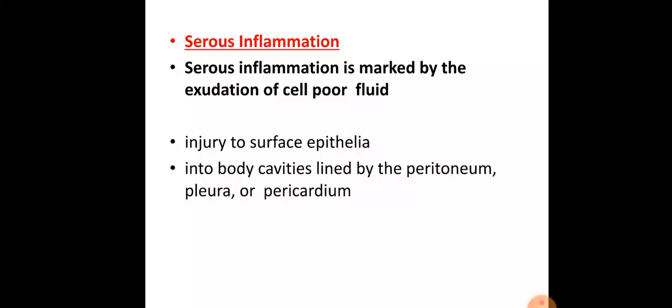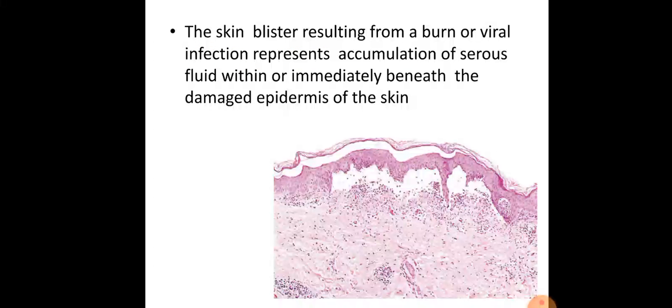In this picture, on this slide, as you see, there is a skin blister resulting from a burn. And we mentioned that a burn is one of the causes that lead to acute inflammation. Or sometimes it occurs in viral infection, representing an accumulation of serous fluid within or immediately beneath the damaged epidermis of the skin.